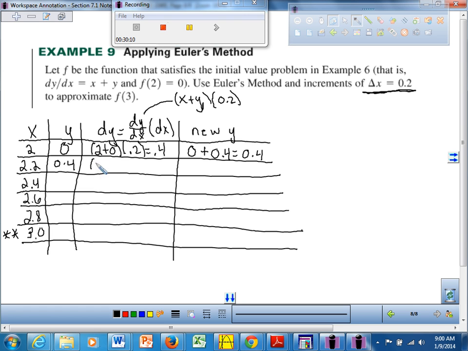So here we'll have 2.2 plus 0.4 times 0.2, 0.08. And we add that to the previous y, which is 0.4, and we get 0.48.